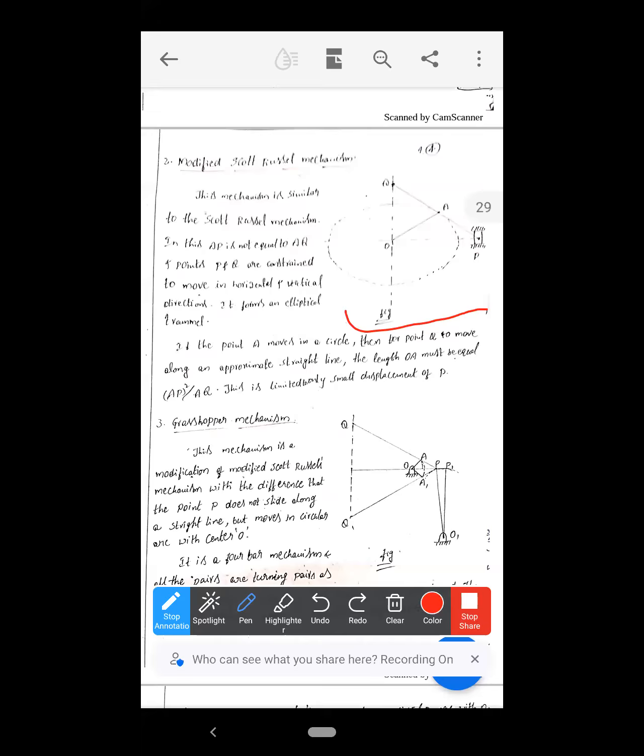When the crank OA makes revolutions, it achieves circular motion, and an elliptical type of motion is also achieved here. Why do we achieve it this way? Because they may not have equal lengths.